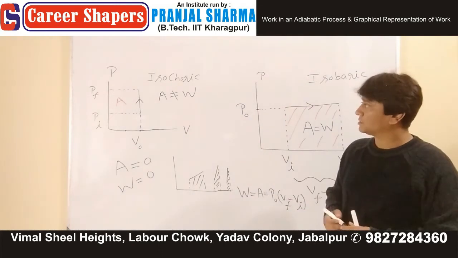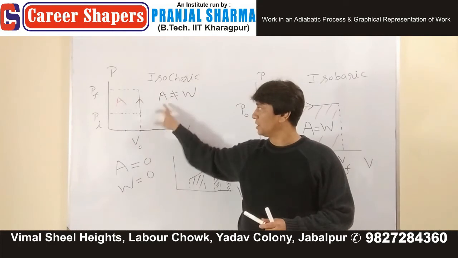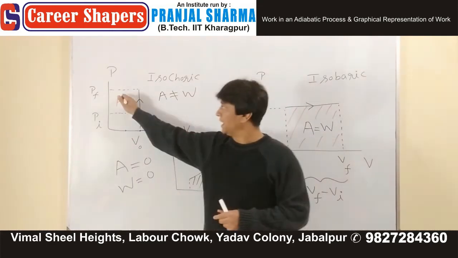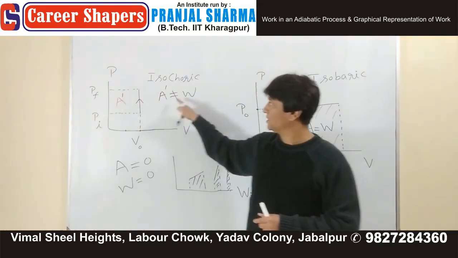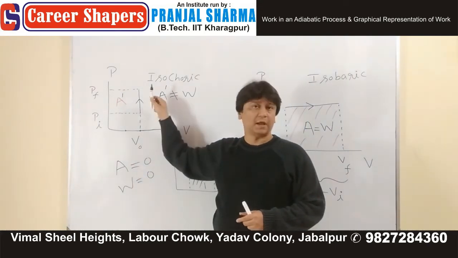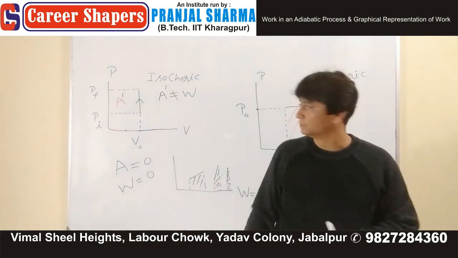Note this down, and also don't forget to show this part. This A is this A. To avoid confusion, call it A dash. A dash is not W. The A we are interested in is the area between the graph and the volume axis, which is 0.